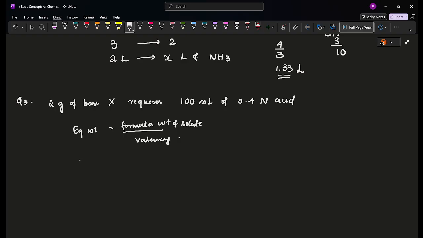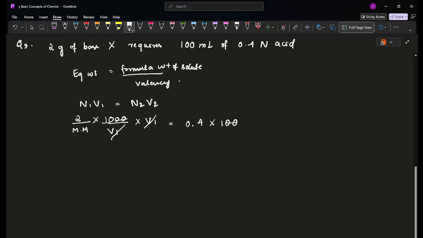Now we could try N1V1 is equal to N2V2, since neutralization is supposed to take place. So for normality, it will most likely be, so it'll get cancelled. Here they've given 0.4 normal. Okay, let's try this. So this is what is in my mind right now.